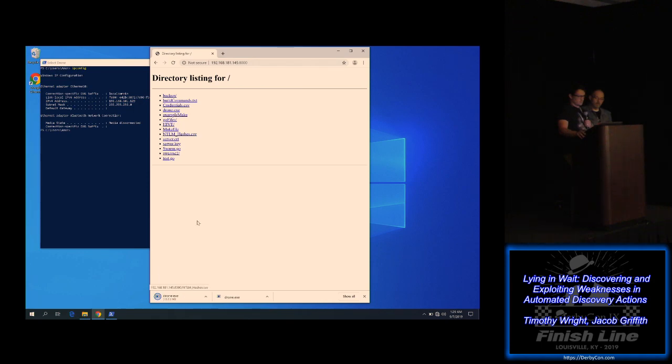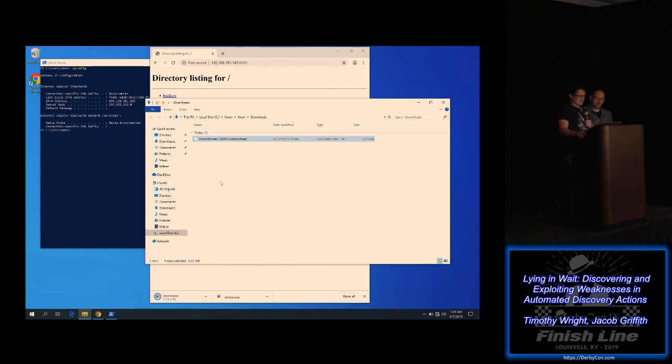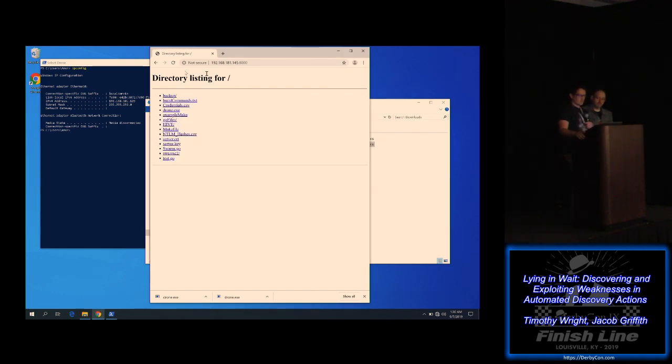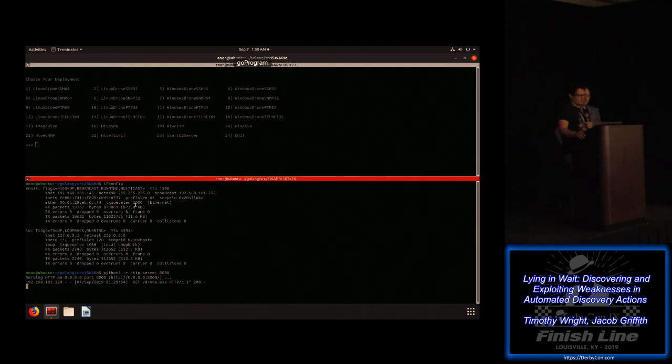Then you'll see me move over the payload here. This would be a host that you'd already compromised. This is post-exploitation. You run the payload, and then you'll see me move over to the Nessus scanner to initiate the scan.